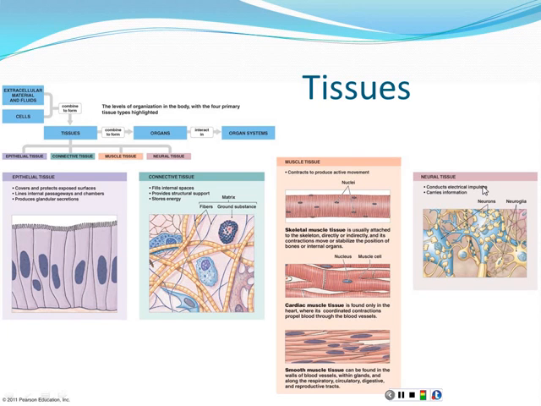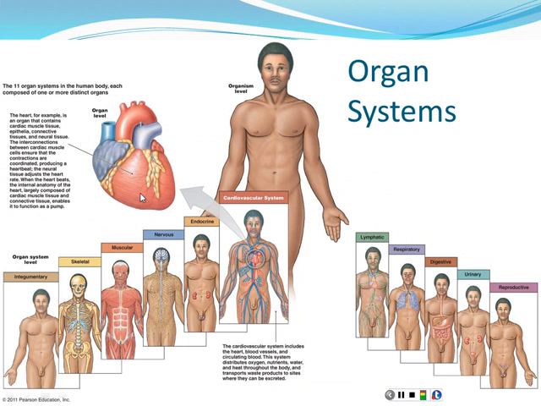And towards the end of the course, in Unit 3, we're going to talk at length about neural physiology. How do nerves work? How do those chemicals that they release make all the fancy stuff that we know our nervous system does happen? So all tissues, everything in the body is one of these four tissue types, and we'll go into much more detail about that later on.